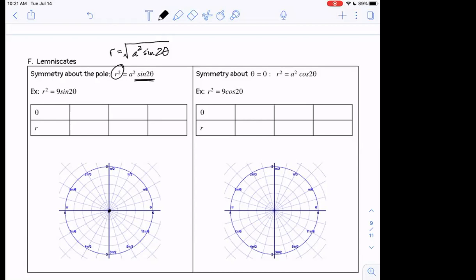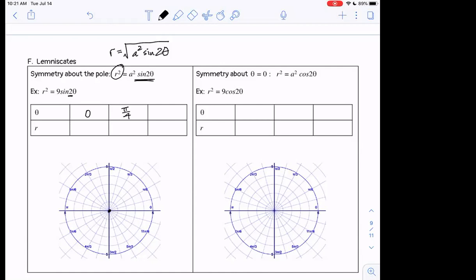All right, so given this equation, r squared equals 9 sine of 2 theta, what might be some good angles to pick for my theta if I want to make a table? Pi over 4. Okay, so I'm going to start with 0, because I always want to start with 0, but I agree that maybe we could count by pi over 4.